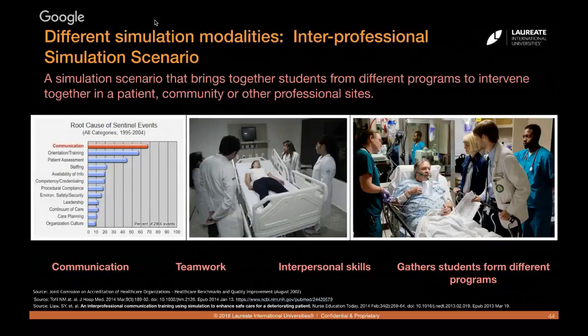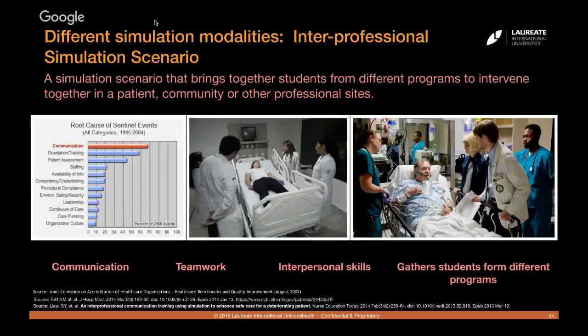But here we can also find some alternative ways, right, to perform an interprofessional simulation scenario. So we have had some experiences with actors. So we put students, and the other health professionals are actually actors that are going to portray health professionals, okay?